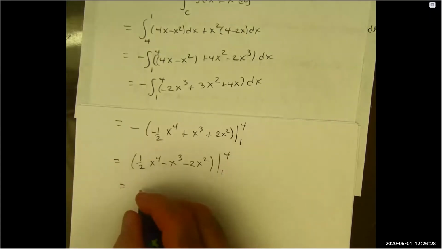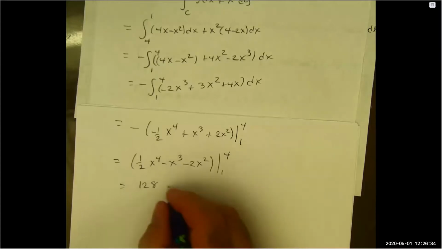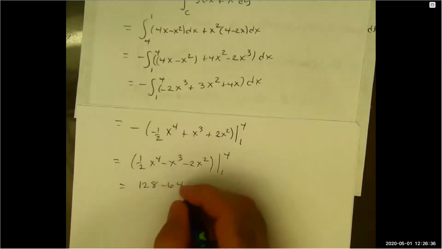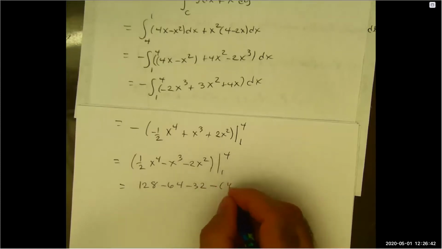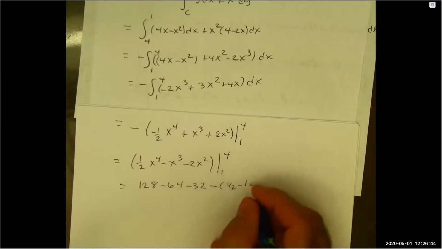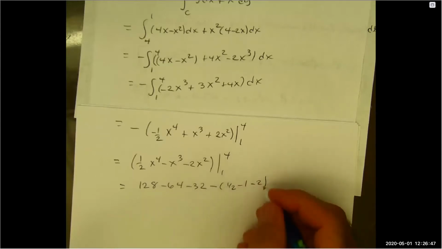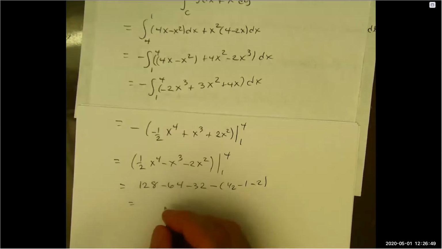And so this is going to give me 128, and then minus 64, minus 32, and then this is going to be minus a 1/2, and then minus 1, minus 2. And so we're going to have 128 minus 96.